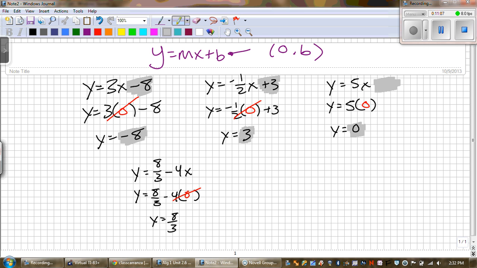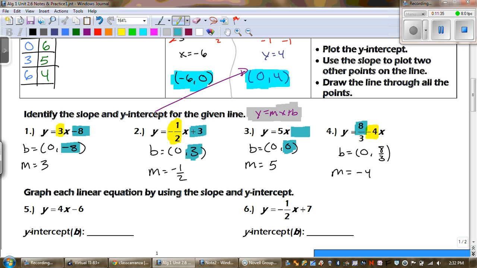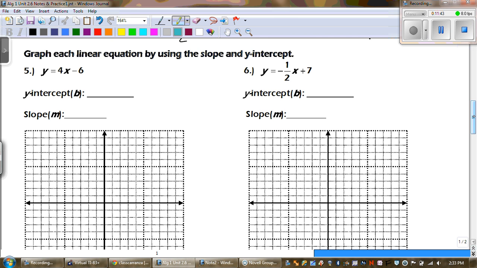Our answer was 0, and right here we had nothing, which is 0. 8 over 3, and then there you go, 8 over 3. So the shortcut is you can just look at your equation and be like, hey, look at what I noticed. It's -8. That's what my y-intercept's going to be. Okay? Don't make more work for yourselves, guys. You can just do it all right there.